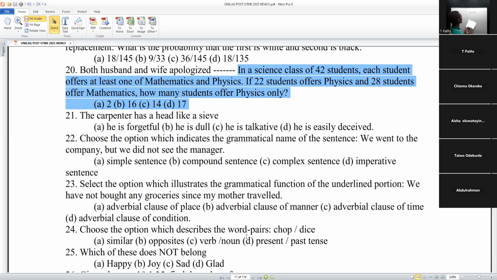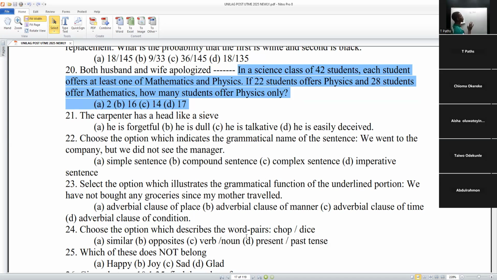Now, the question reads: in a science class of 42 students. Do you have that with me? Yes, sir. Now, you should follow me with the way I am going to solve this first question.